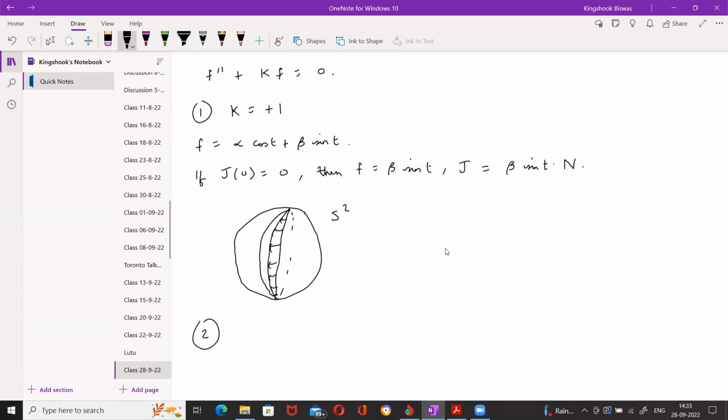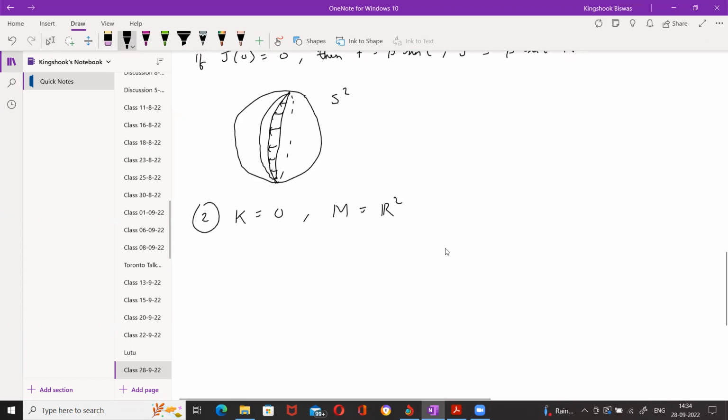Then we have k equal to 0. So for k equal to 0, we can just take M to be R2. And here again, f double prime equal to 0 means that f is just alpha t plus beta.